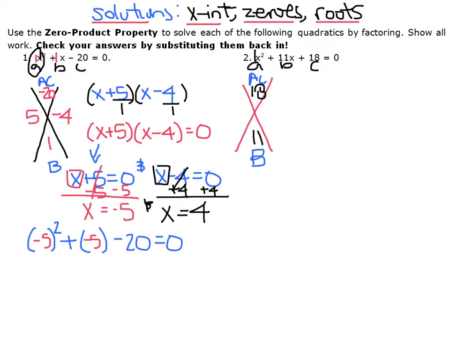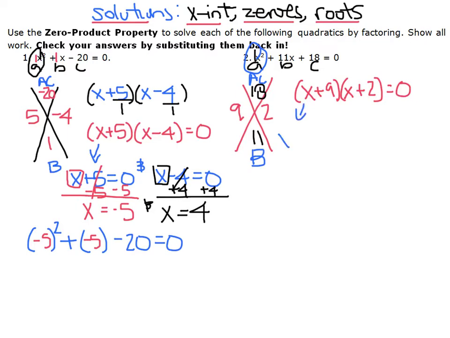Two numbers that multiply to 18 and add to 11 are going to be 9 and 2. I have x plus 9, x plus 2 equals 0. Notice because my coefficient is 1, my A is 1, it doesn't really make sense for me to divide by 1 because it's going to be the exact same thing.